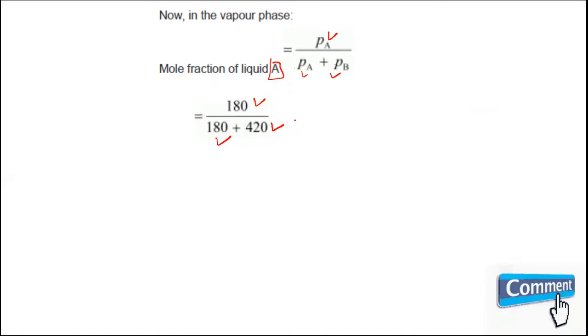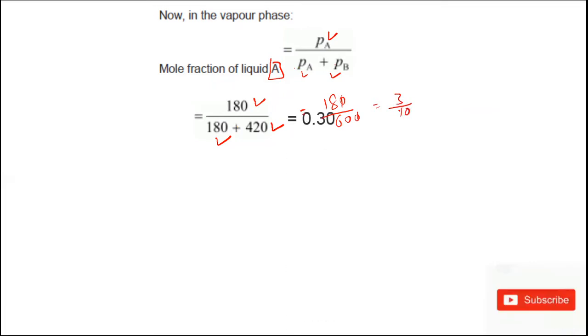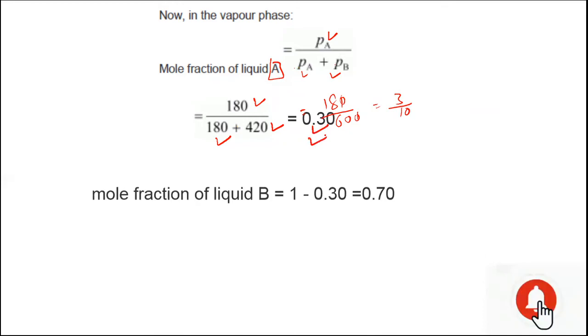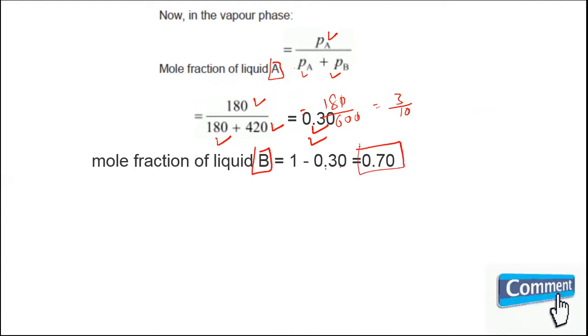When we solve it, value comes to be 180 divided by 600, that is 3 by 10. So net value comes to be 0.30. Now mole fraction of component B is equal to 1 minus 0.30, that is 0.70.